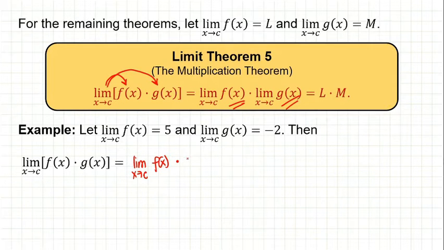So we have times the limit of g of x as x approaches c. And since the limit of f of x is 5 and the limit of g of x is negative 2, then we have 5 times negative 2 equal to negative 10. And that will be our final answer. Okay, so ganun lang yung gagawin natin sa multiplication theorem.